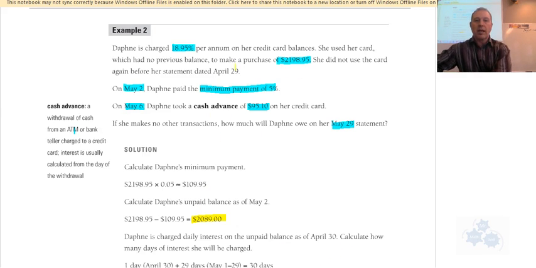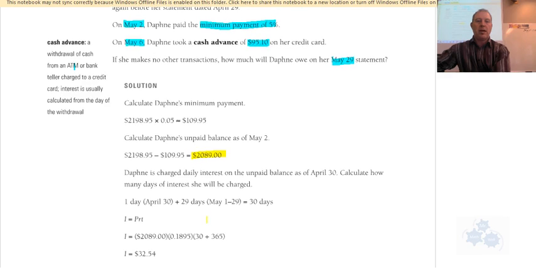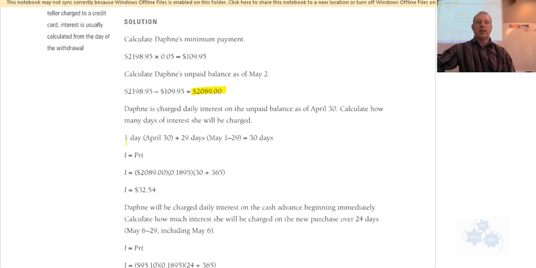So how many days of interest will she be charged? So April 30th is, okay, so we got April 30th, and then we've got 29 days till May 29th. Okay, so the total number of days is 30. Okay, 1 in April and 29 in May.